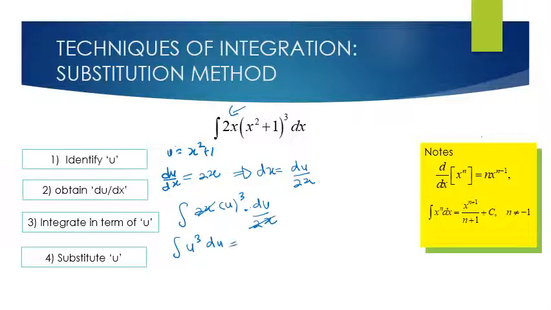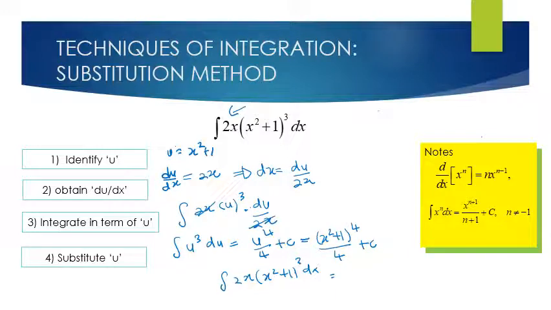When we integrate this, we will get u power 4 over 4 plus c. When we have finished the integration, we substitute back into the original form, which is (x squared plus 1) power 4 over 4 plus c. So this is the integral of 2x times (x squared plus 1) power 3 dx, which equals (x squared plus 1) power 4 over 4 plus c.